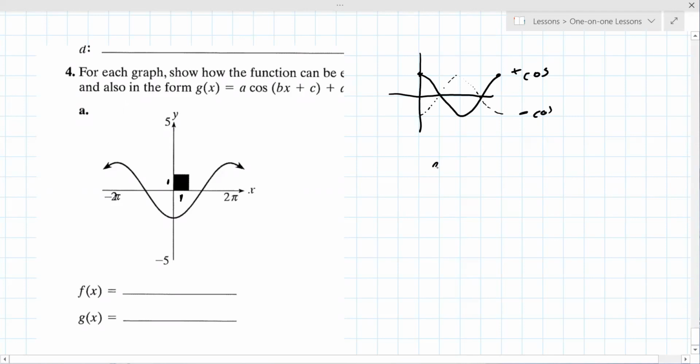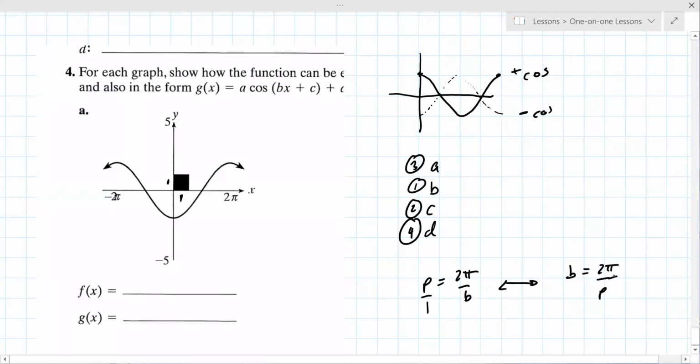There are 4 things we have to find: A, B, C, and D. The order we find them in is generally 1, 2, 3, and 4. B comes from the period. So the period equals 2 pi over B. If you rearrange this, you'll see that B is equal to 2 pi over the period. So you need to know the period.